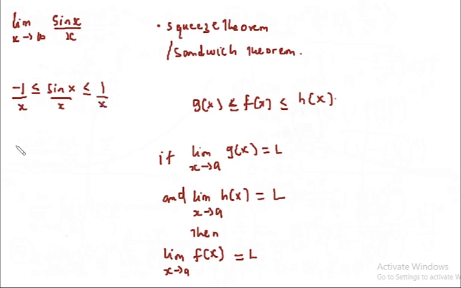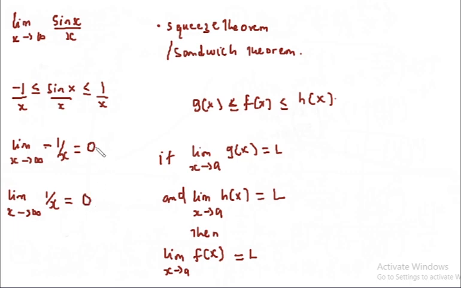Now, if you notice, when we take the limit as x approaches infinity of minus 1 over x, the answer is 0. For the same problem, if we take the limit as x approaches infinity of 1 over x, the answer is still 0.